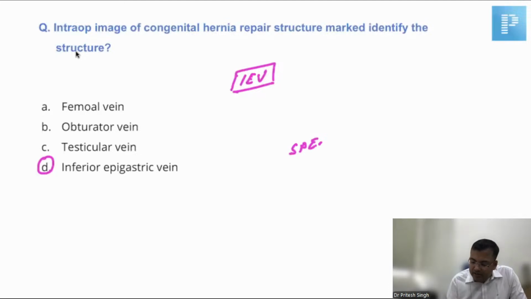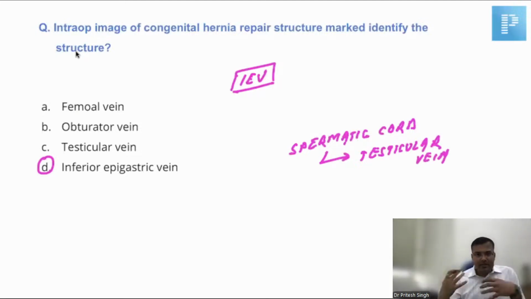And obviously, if it's spermatic cord, then it is testicular vein. And if they showed the laparoscopic image, near the deep ring and the triangle of Hesselbach, then it is inferior epigastric vessels. But if it is spermatic cord, obviously it was testicular vein.